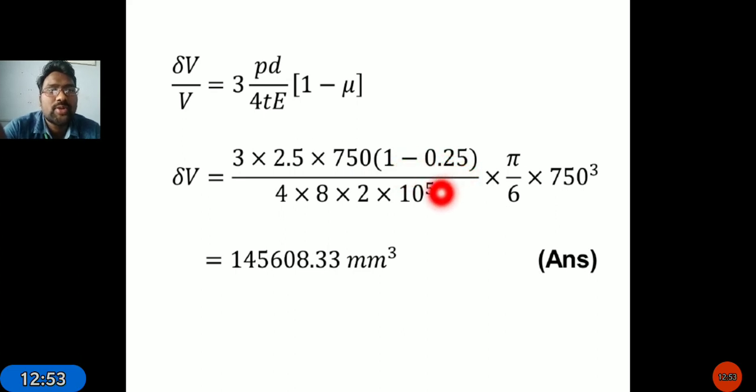Mu is nothing but 0.25. 4 into t which is 8, into 2 into 10 power 5 which is Young's modulus, into volume of a spherical shell, which is pi by 6 d cube. Pi by 6 into diameter 750 cube. By simplifying this equation, the change in volume in a thin spherical shell is 145608.33 millimeter cube. It is the change in volume in a thin spherical shell.